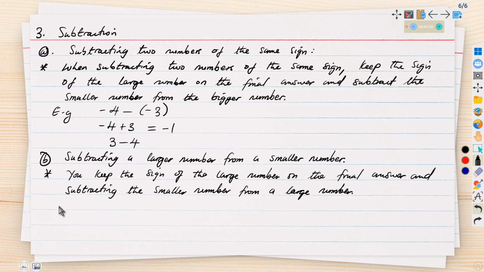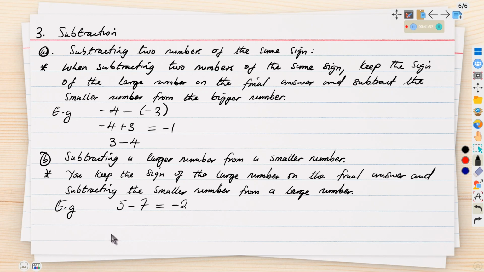So what you do, for example, you have 5 minus 7 equals. So you are subtracting a large number from a smaller number. So the sign the final answer will have is this one here. We assume this negative is also the sign on the number 7. Then you say now 7 minus 5 is 2. Okay, that's how it can be.